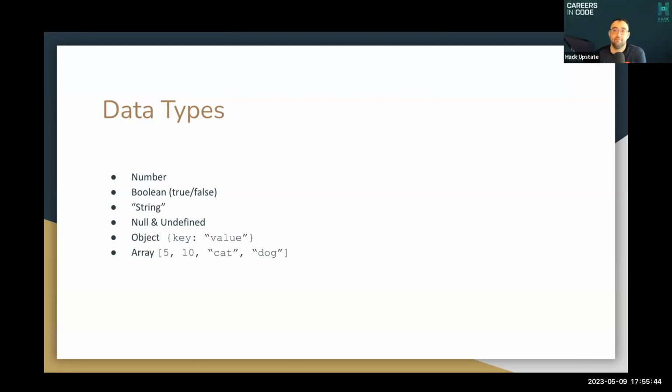The significance of null and, I think you meant, undefined data types is that they are basically just a placeholder for the computer, right? So we may make a variable, we may name a variable, we may say let my num and then just put a semicolon there. Well, the computer now knows that my num exists, but there's no value in it, right? And so that would be either null or undefined in JavaScript.